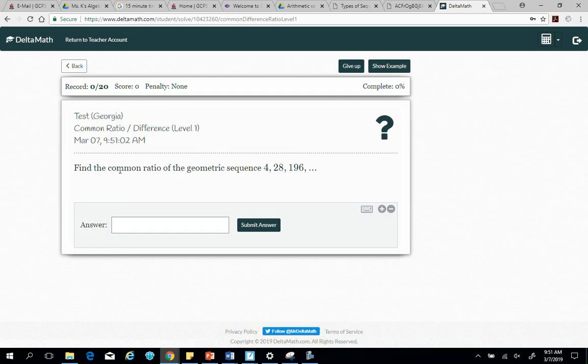And all it says is common ratio of geometric, so you know it's multiplying. How would I find my R? What would I multiply to 4 to get 28? What is my common ratio? 7. Or remember, you could always divide the last one by the one before.